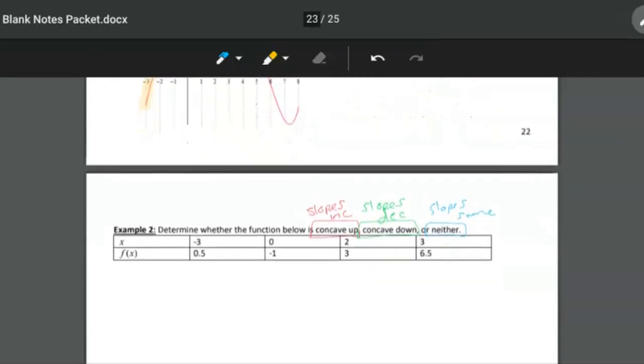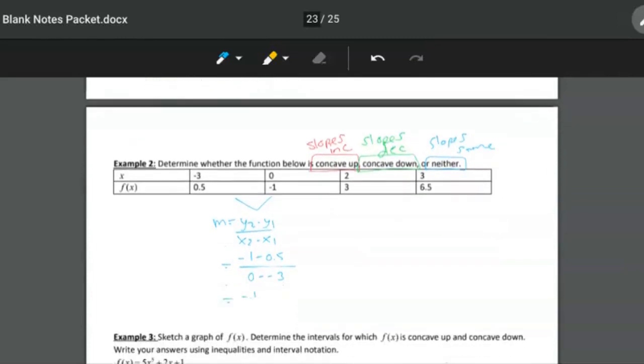So we just have to take pairs of points and find our slopes. I'm going to take these 2 points, use the slope formula, y2 minus y1 over x2 minus x1, and we can plug in our values. -1 minus 0.5 all over 0 minus -3.